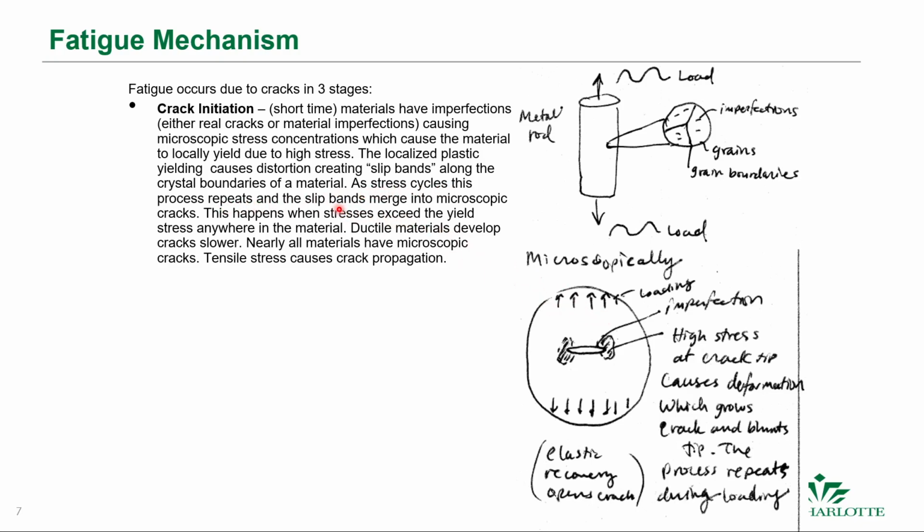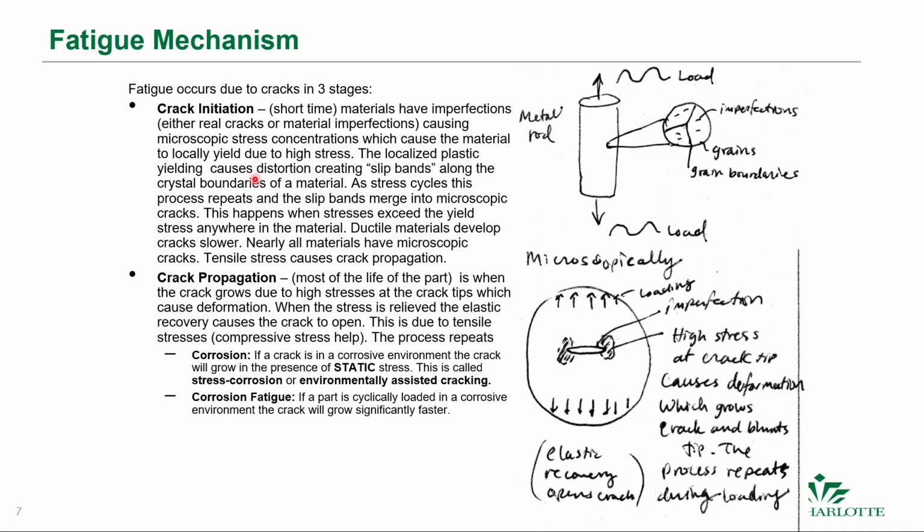The slip bands can merge into microscopic cracks, and when the stresses exceed the yield stress of the material, those cracks will grow. Ductile materials tend to develop cracks slower than brittle materials, and nearly all materials have microscopic cracks. When you have tensile stresses, they cause crack propagation.